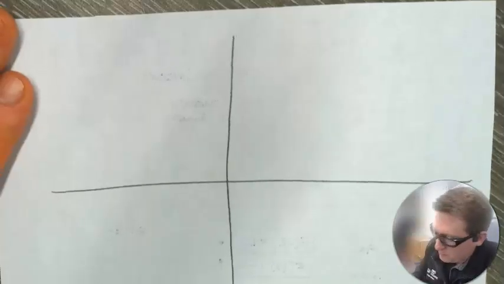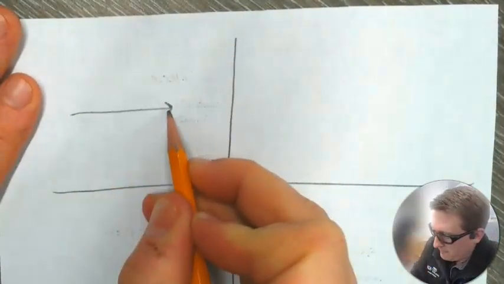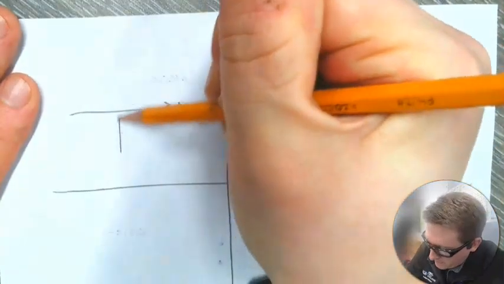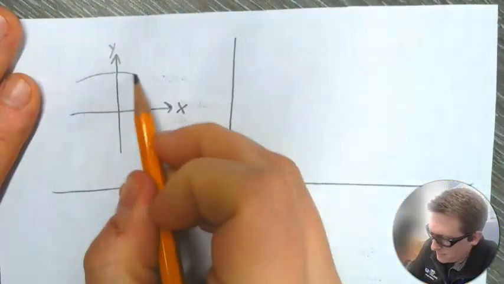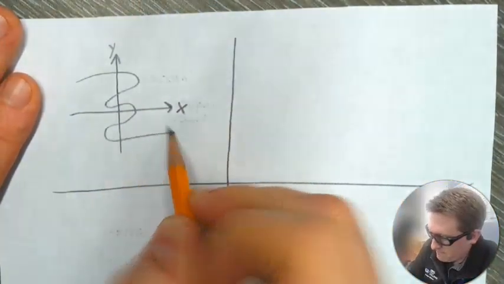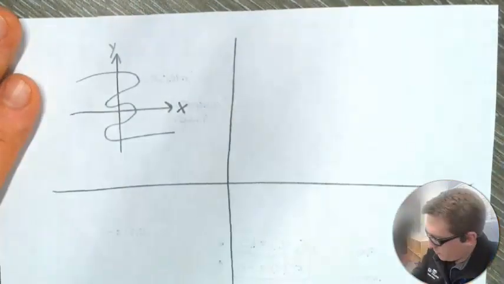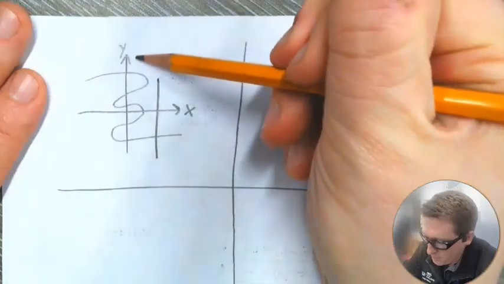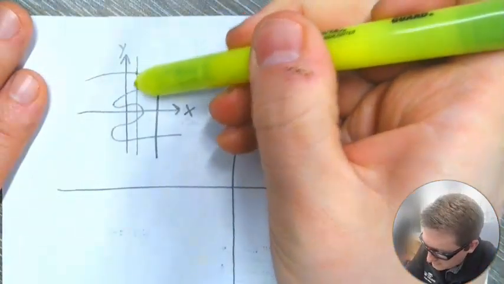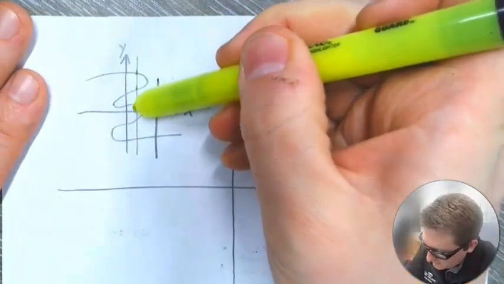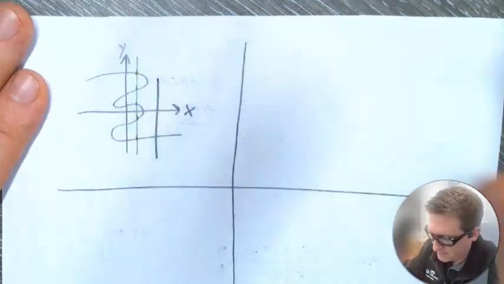I want to summarize this point on a blank sheet of paper. Okay, so let's say we have a graph here with an x and y axis, right? If something's doing this, it's not a function. The reason why it's not a function is because even though it passes the vertical line test here, it fails the vertical line test here, here, here, here, and here.